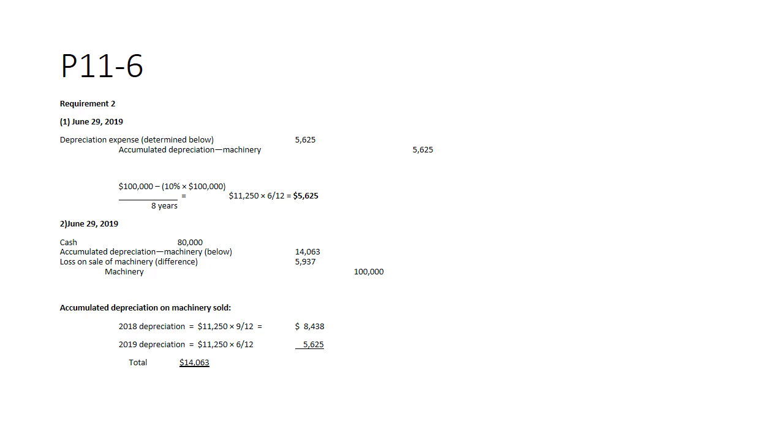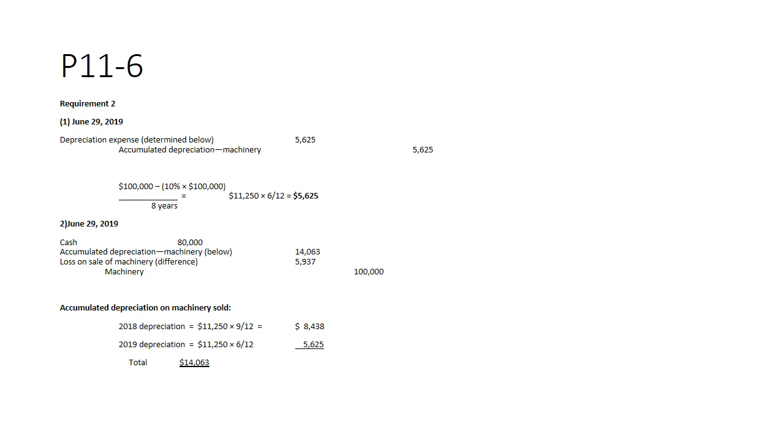For this machinery, the depreciation that has been recorded has only been through December 31st, 2018. So the first thing we want to do is determine how much depreciation is on this machinery from January 1, 2019 through June 29th, 2019.